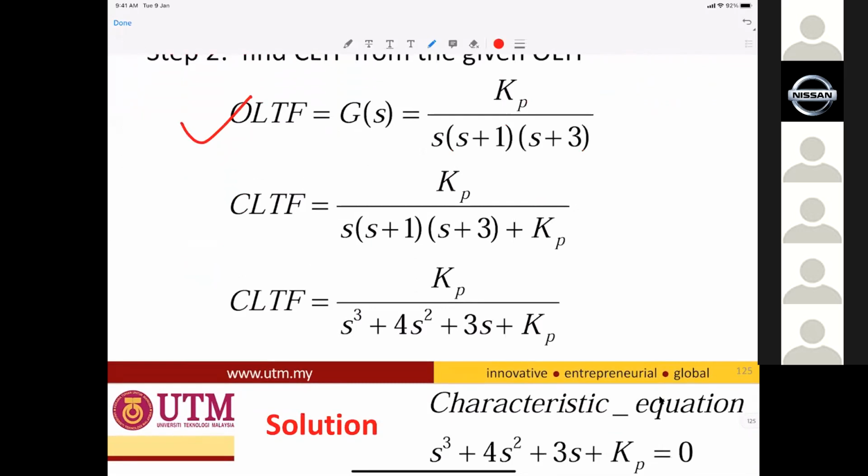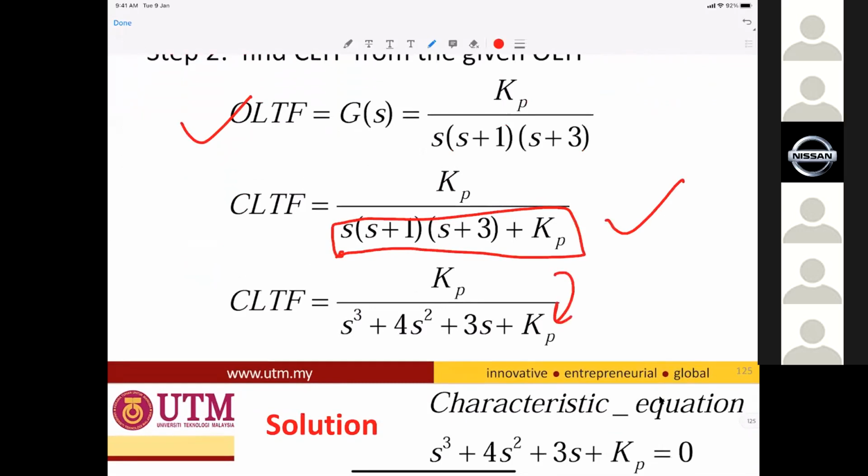Then we find the closed loop transfer function and simplify it. It becomes S cubic plus 4S squared plus 3S plus Kp. This part equated to 0 becomes the characteristic equation.